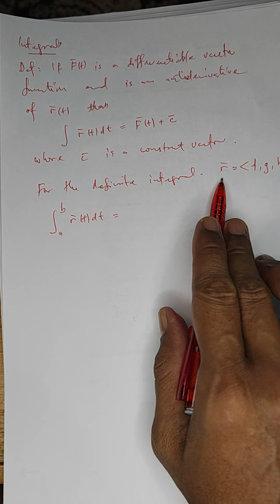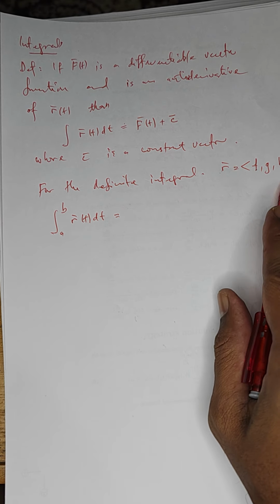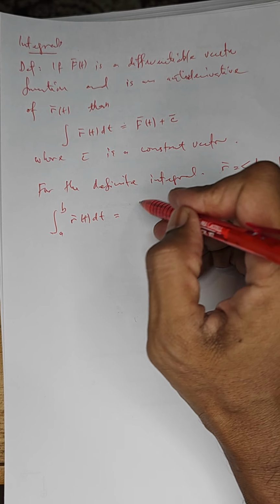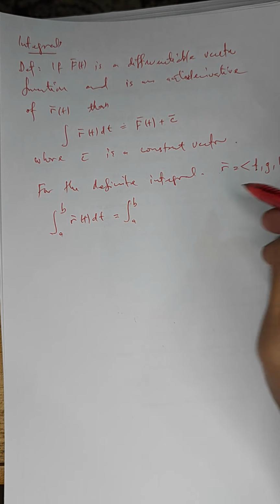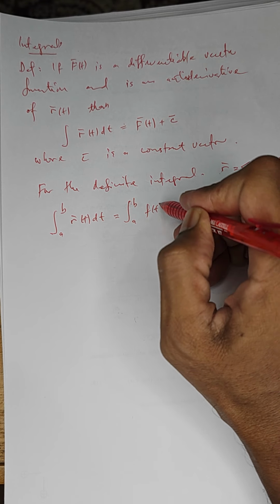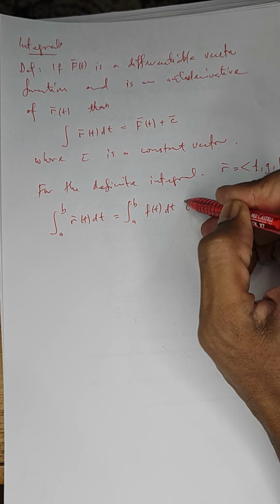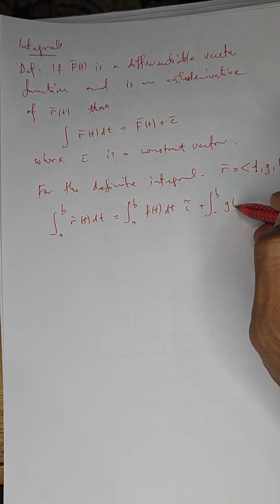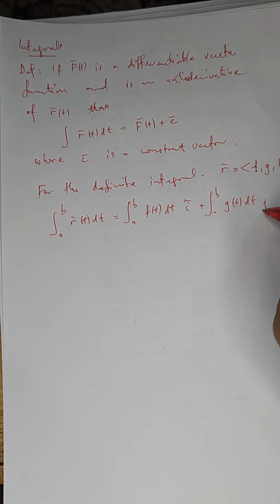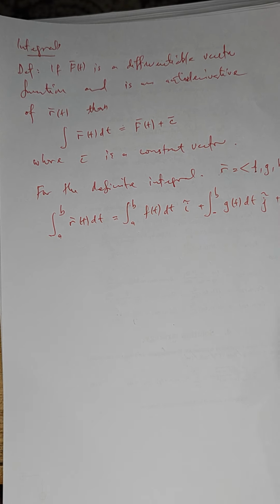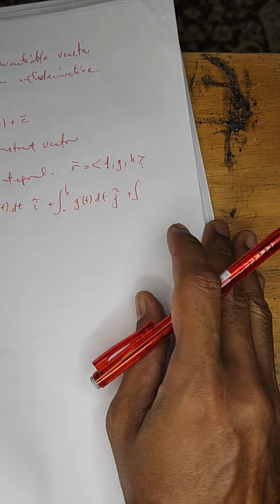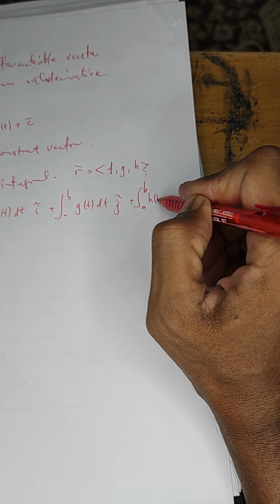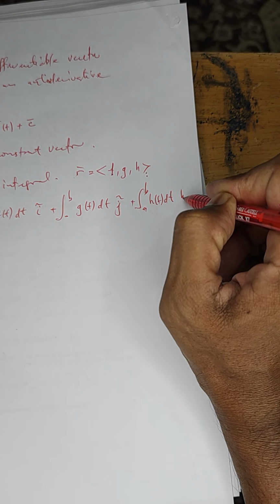So if we integrate r, it means we integrate each of the elements. So we have the integral from a to b of f(t) dt with component i, plus the integral from a to b of g(t) dt with component j, plus the integral from a to b of h(t) dt with component k.